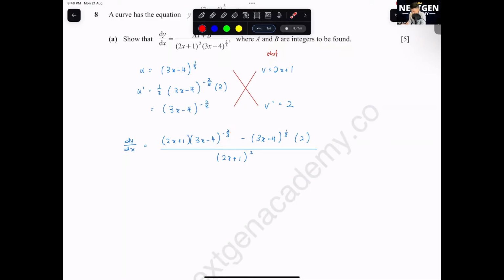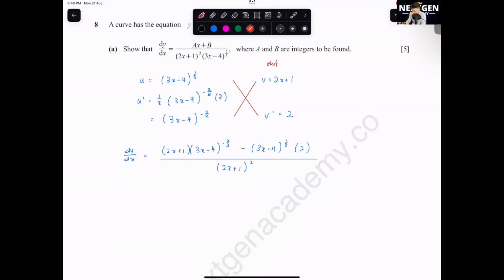What you can do, you can just multiply the whole equation by 3x minus 4 power 2 over 3 over 3x minus 4 power 2 over 3. You know how to do this? You just factorize out the smallest one.